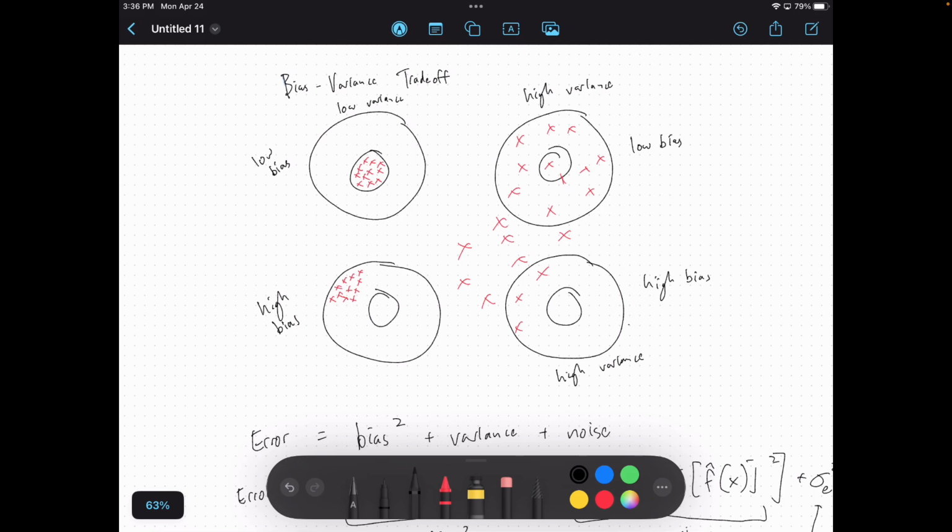Even if you're dropping variables, like you said, you're underfitting because you're creating a line that doesn't actually represent the broader data set. Is that the right way to think about it?